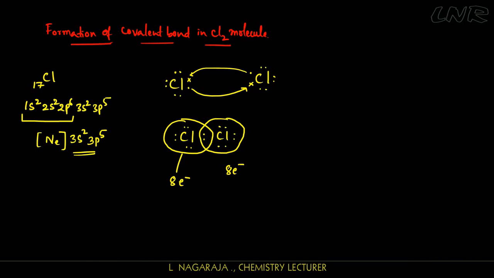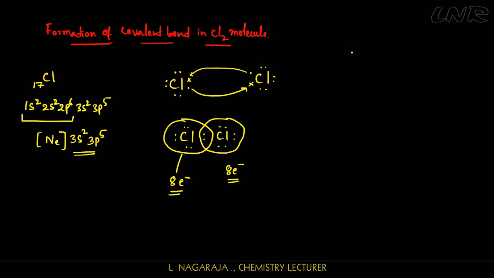So that leads to the formation of a covalent bond. That is, on mutual sharing of electrons, each atom gets 8 electrons in the outermost orbital. So the electrons responsible for the force of attraction between the two atoms are called bonds. So that bond is a covalent bond, right?